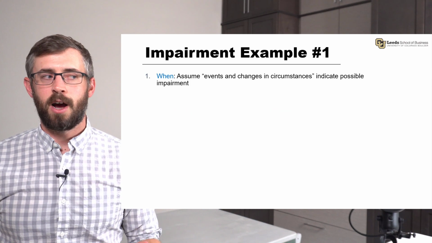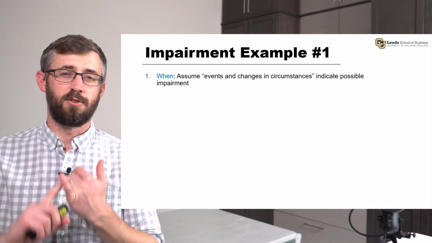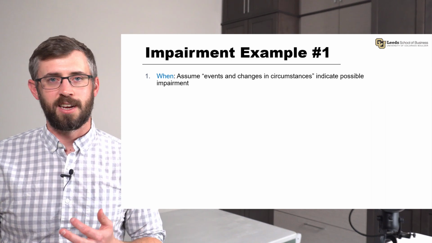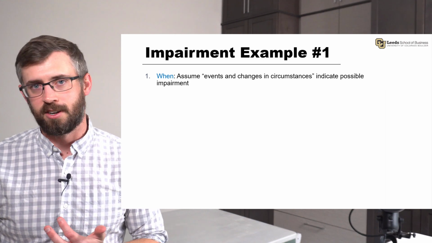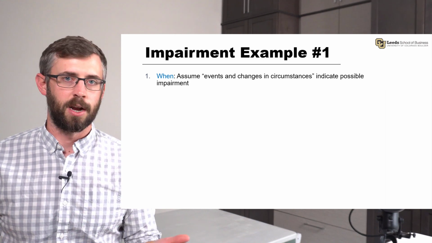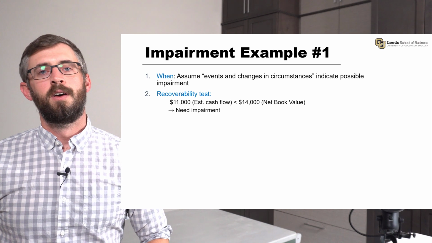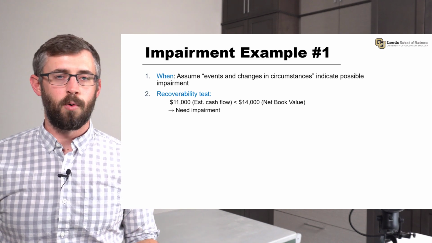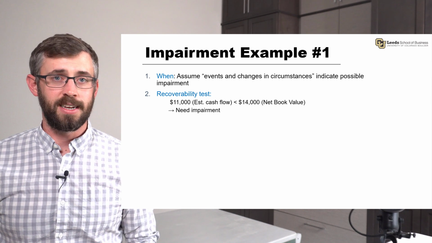So to execute our impairment test, we're first going to look for those triggering events or indicators of impairment. And in this case, we're just going to assume that, hey, maybe pizza sales are down and we should look at the impairment for this oven. So if we answer yes, we have a triggering event, we're going to move on to step 1, which is the asset recoverability test.